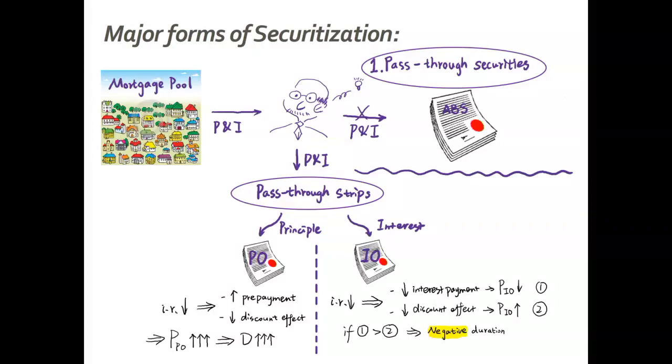So you see, again, we have a security with negative duration. IO strip is very special. It doesn't necessarily always have a negative duration; under certain circumstances, it has negative duration. I will show you a couple of graphs, and I will also show you the pricing formula for the strips, and you will have a better idea.